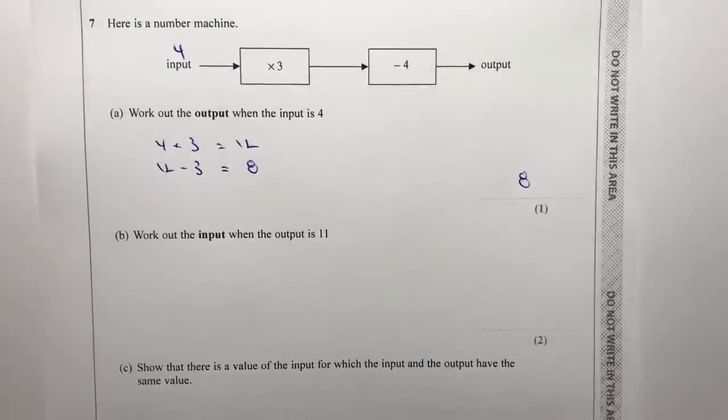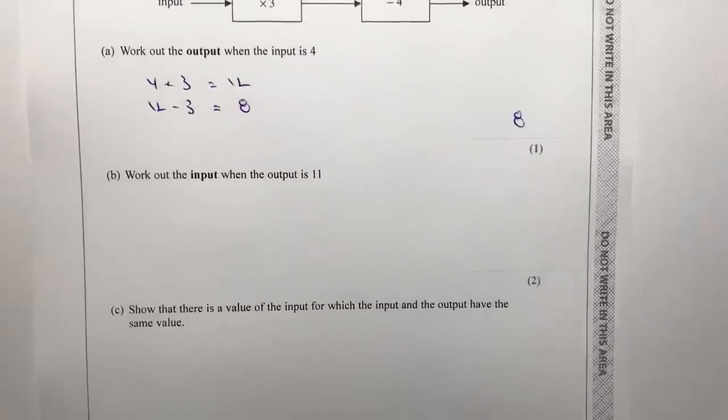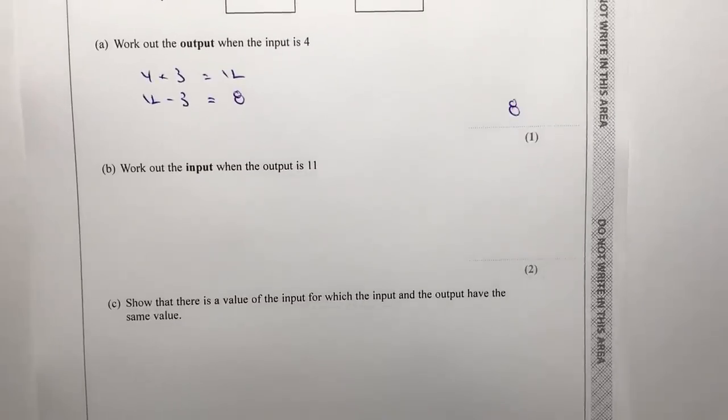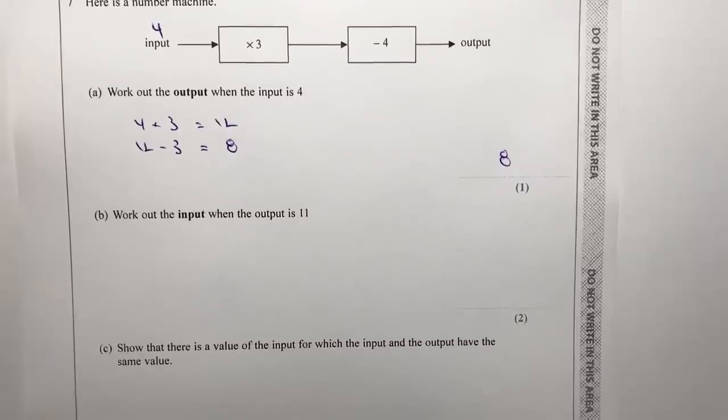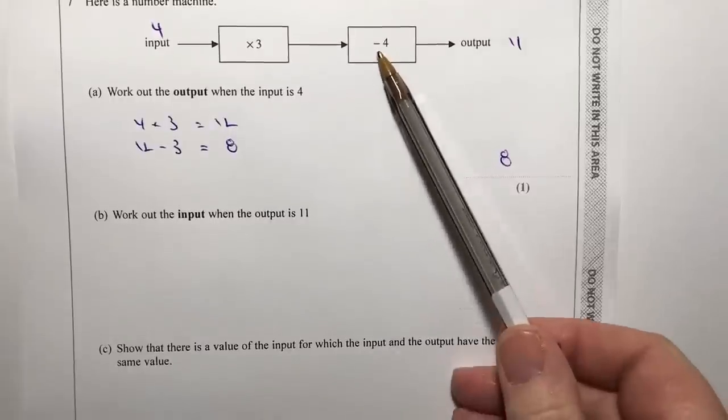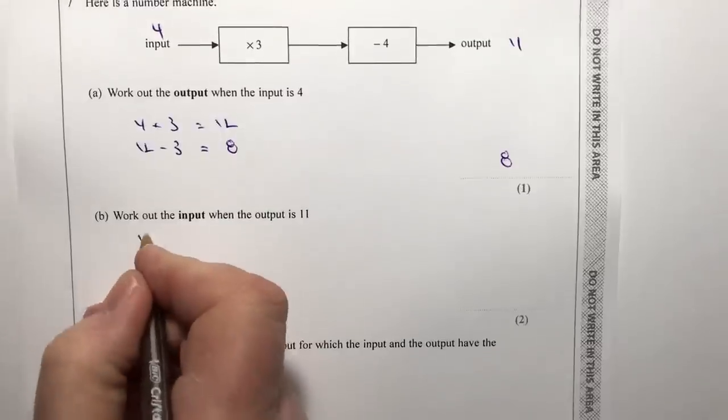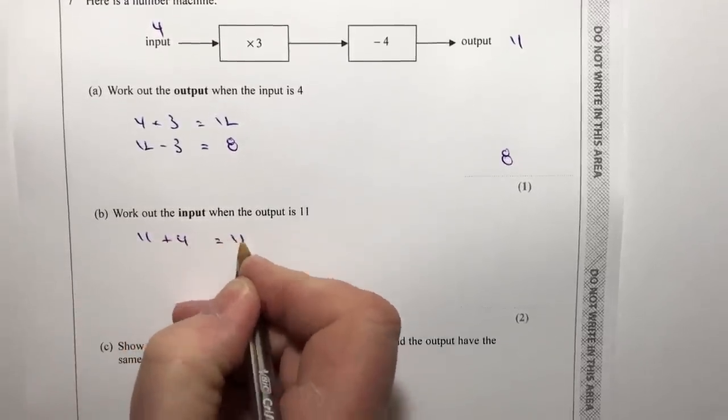And then we've got to work backwards a little bit, where it says work out the input when the output is 11. So if we say, well, actually, we've got 11 there. If we've taken 4 away, then I'm going to add 4. So it's going to be 11 plus 4, which equals 15.